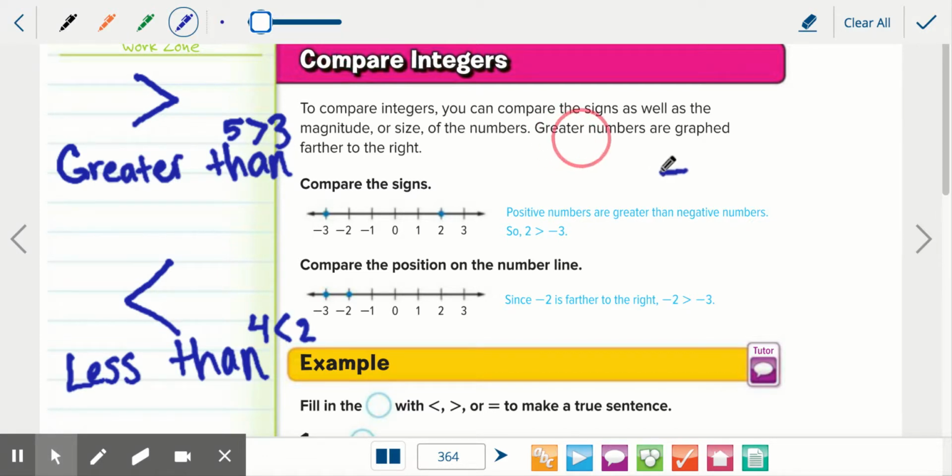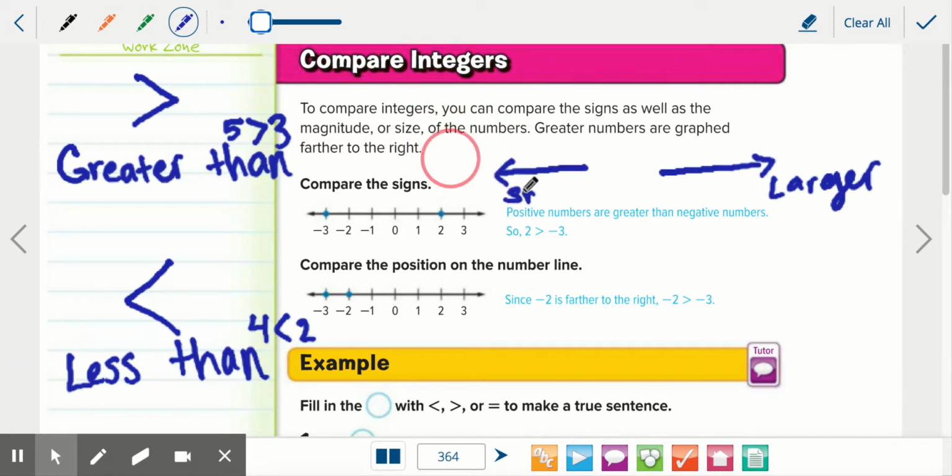So again, numbers that are further right are larger, and numbers that are further left are smaller. Now that may seem something that you already know, but we just want to be clear. For instance, -3 is smaller than -2 because it's further left on the number line.